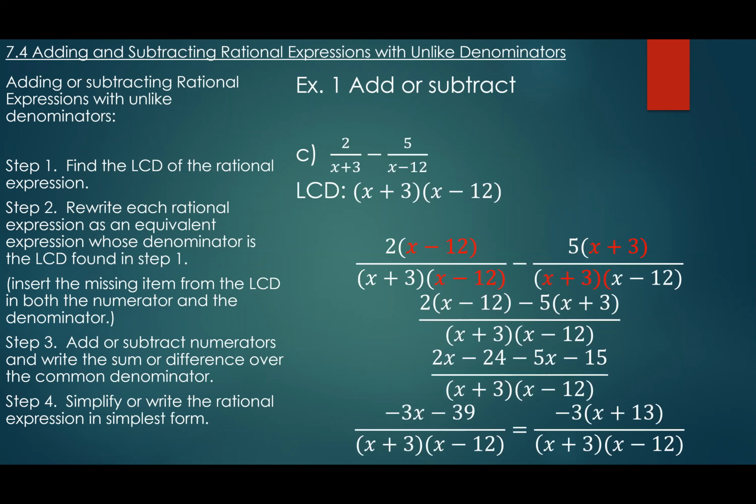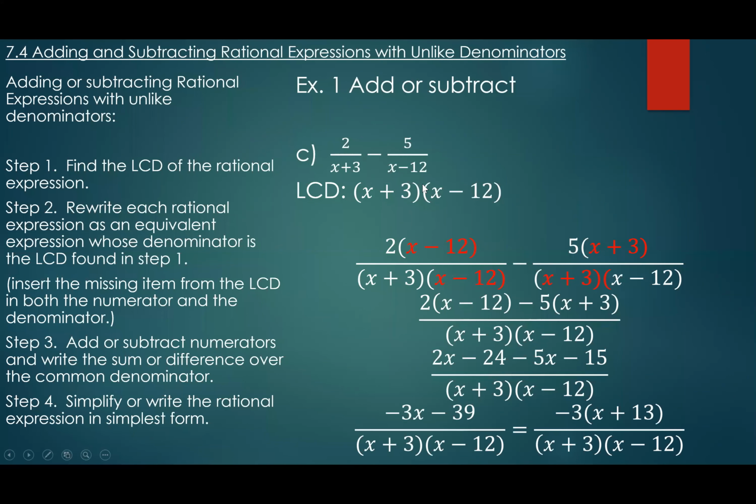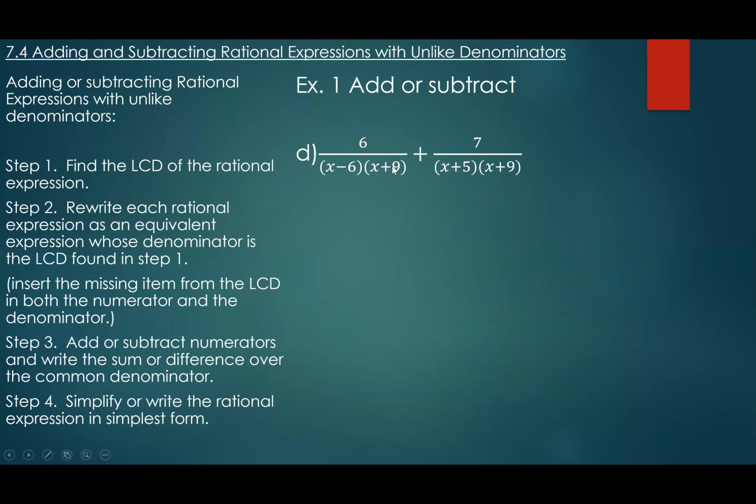Last time, if you look at this problem, it's easy to see that we have x plus 3 and x minus 12. They are clearly different, right? But if you look at D, first of all, you can see that x minus 6, x plus 9, x plus 5, x plus 9, they are different.